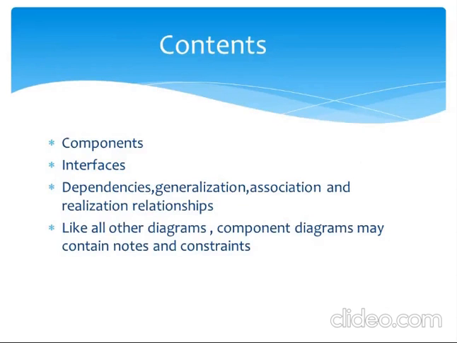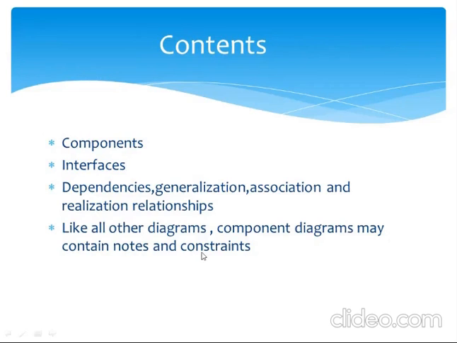So what are the contents of a component diagram? A component diagram contains components, interfaces, dependencies, generalizations, association, and realization relationships. Like in all other diagrams, a component diagram may contain notes, meaning comments, and constraints or rules.